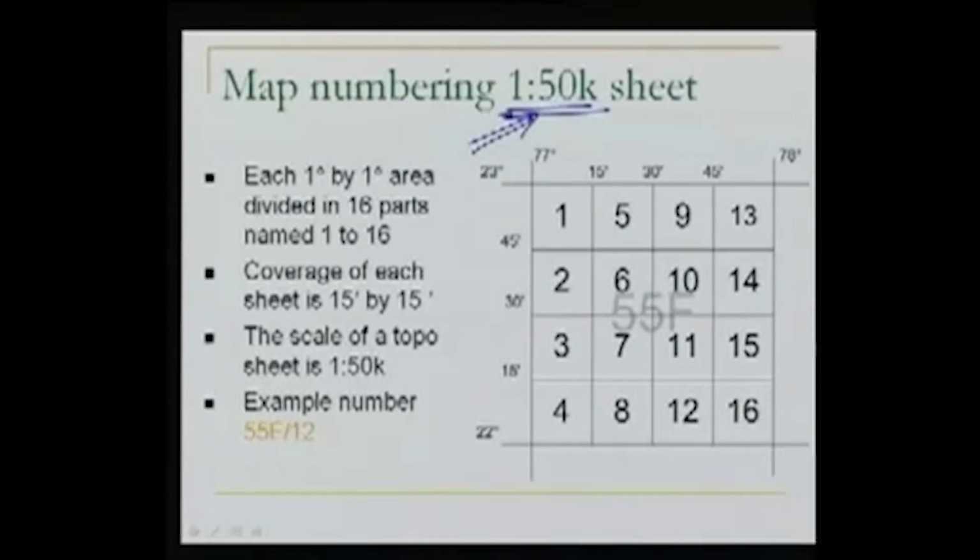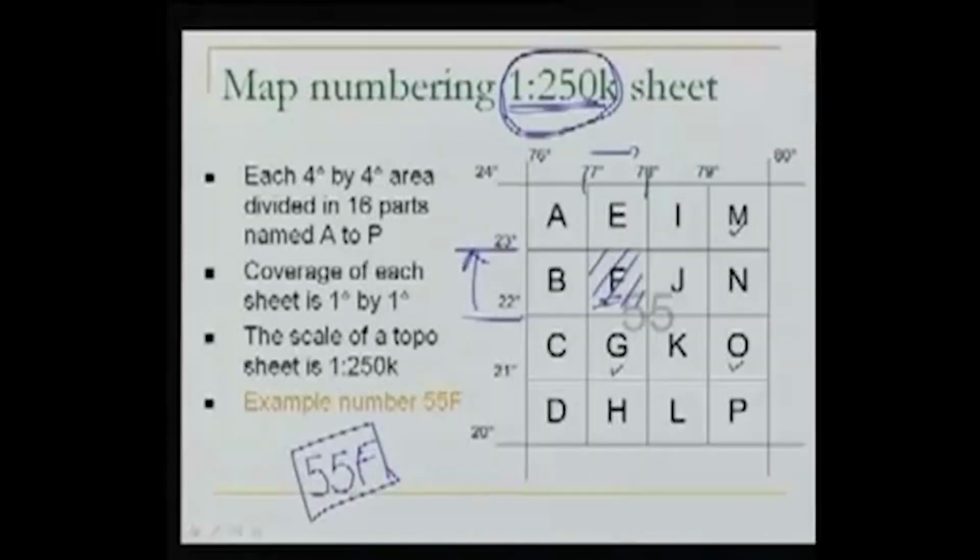Now, at this scale, how to locate what will be the map sheet number? What is done in this case, as we saw earlier, our map sheet of interest was 55F. That's the map sheet of our interest. One block here, and this block had a size of 1 degree by 1 degree.